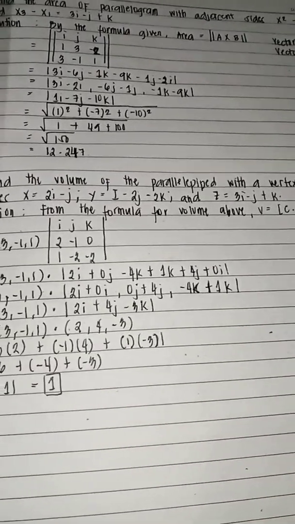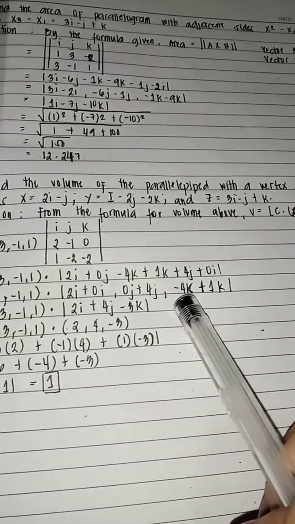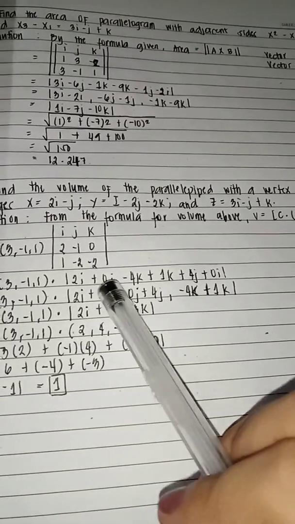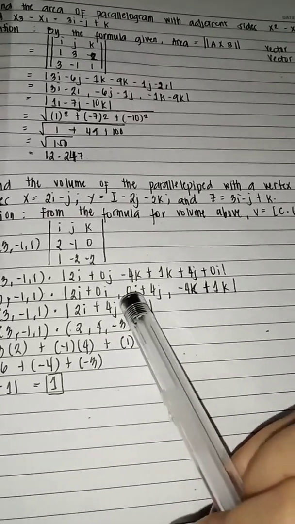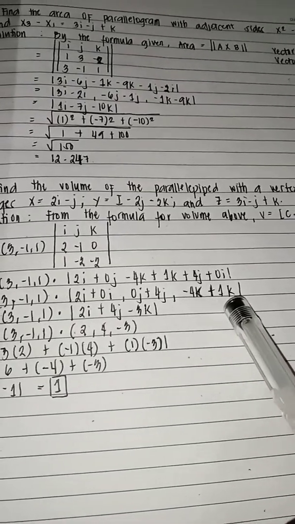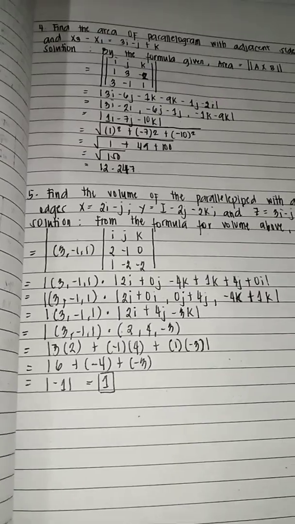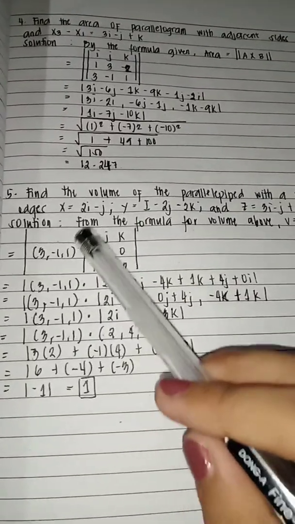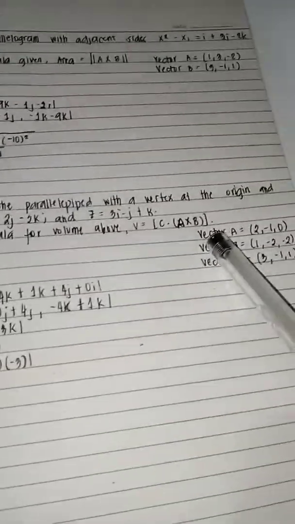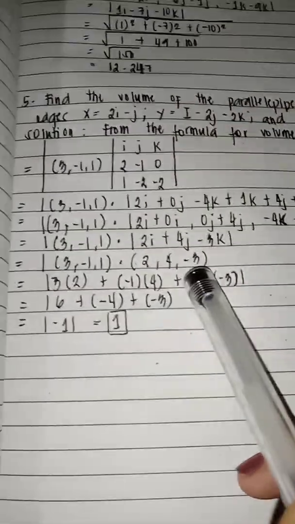So combine like terms: 2i plus 0i, 0j plus 4j, negative 4k plus 1k. 2i plus 0i is equal to 2i, 0j plus 4j is equal to 4j, negative 4k plus 1k is equal to negative 3k. So the answer of A cross B is 2, 4, and negative 3.